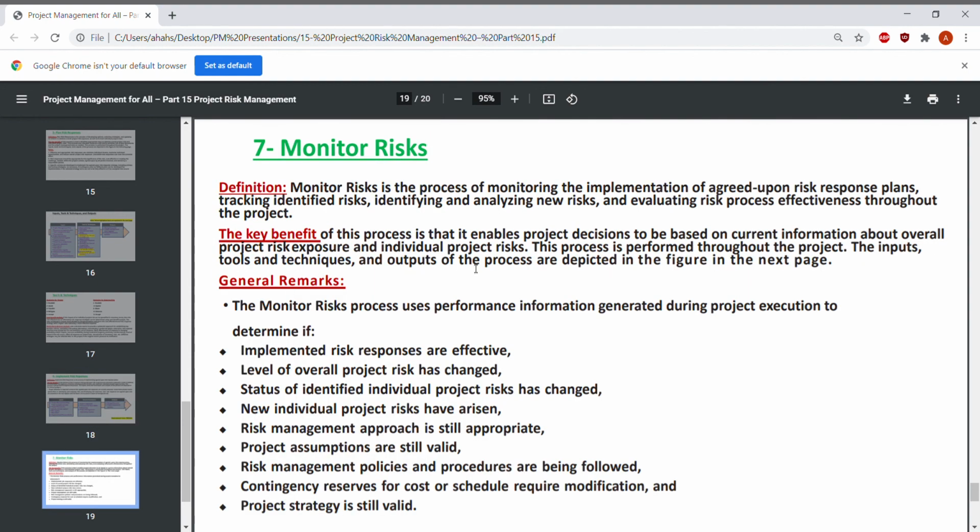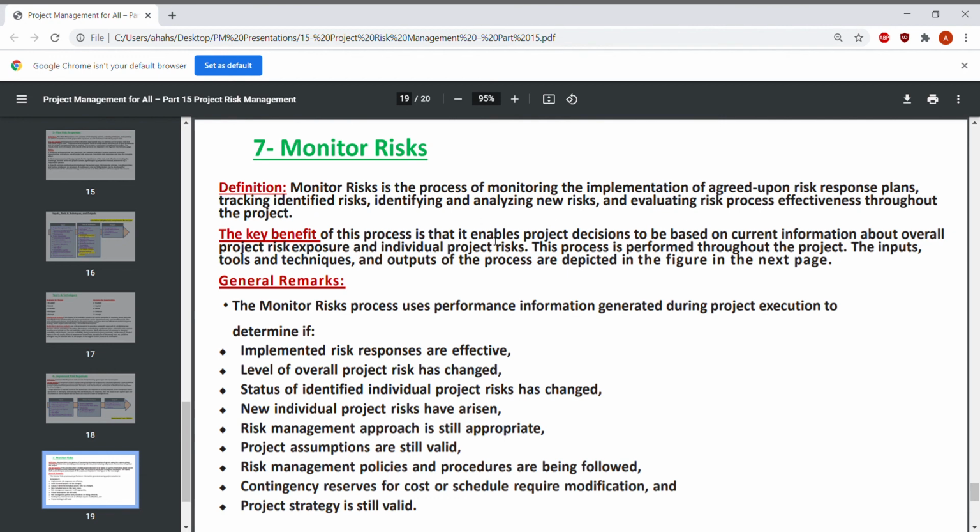The last process of the project risk management is to monitor the risk. So monitoring of the risk is the process of monitoring the implementation of agreed upon risk response plans, tracking identified risk, identifying and analyzing new risk, and evaluating risk process effectiveness throughout the project.